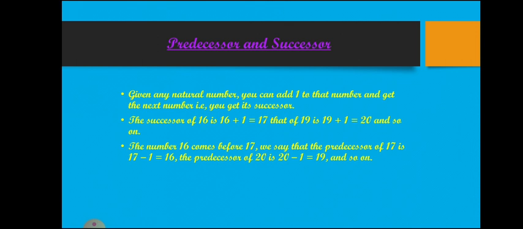We say that the predecessor of 17 is 16. 17 minus 1 is 16. The predecessor of 20 is 20 minus 1 equals 19, and so on. Okay, the predecessor of 15 is, yes, 14. And the predecessor of 10 is 9, and the predecessor of 50 is 49, like that. You know this.